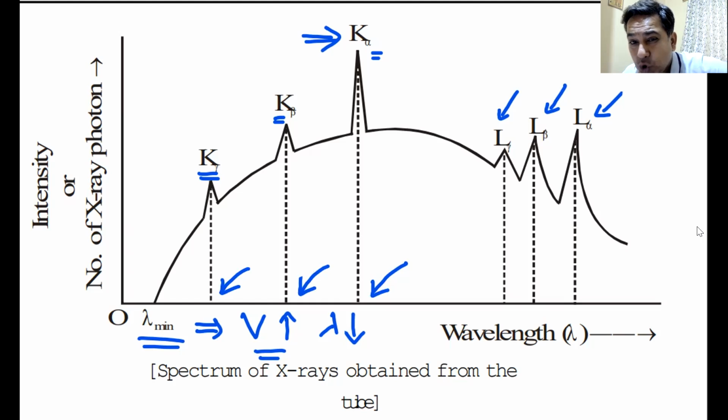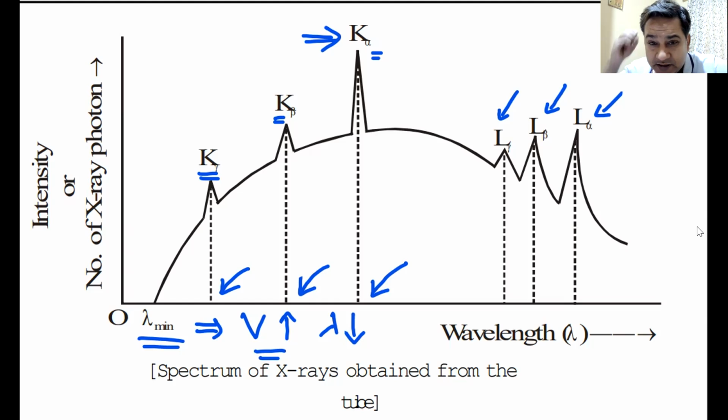Which one has the lowest difference? K shell and L shell, K shell and M shell, K shell and N shell. Which will have the lowest difference of energy? The K shell and the L shell will have the lowest difference in energy, and therefore we have the highest wavelength.